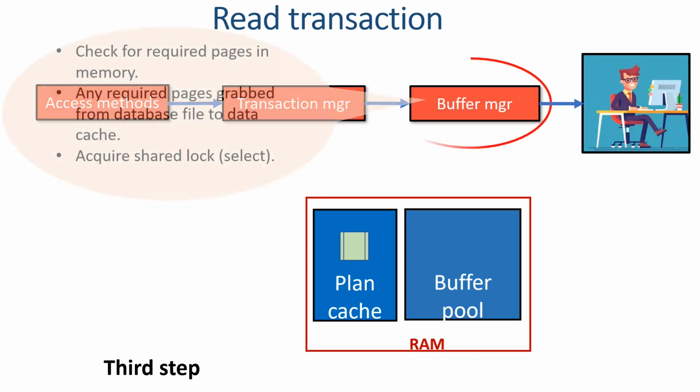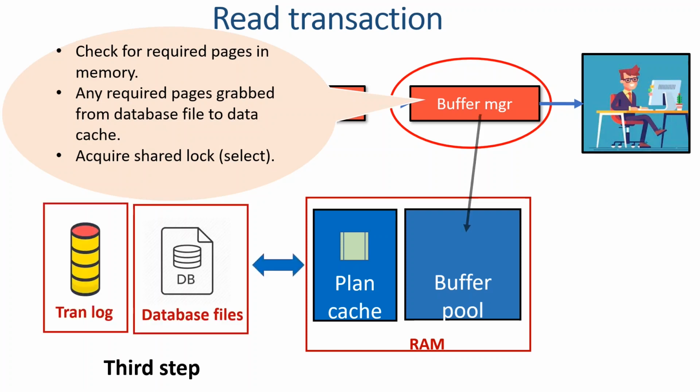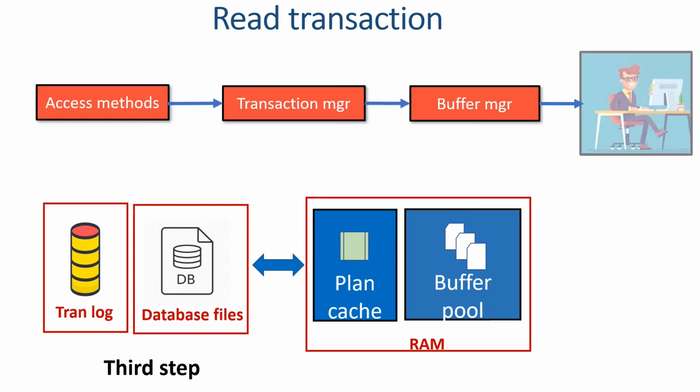Once the query has reached the buffer manager, it will first put a shared lock on the resources it needs, and then check if all of the resources needed to process this query are already in the buffer pool, or if it has to grab any pages from the disk file system. If it doesn't find them in the buffer pool, it will grab those pages in the form of 8 KB pages, put them in the buffer pool, do the operation there, and send the results to the user. The read transaction is very simple.